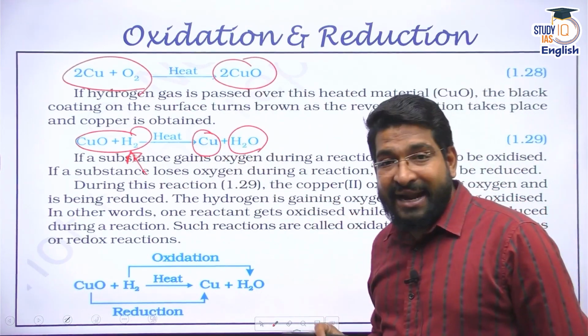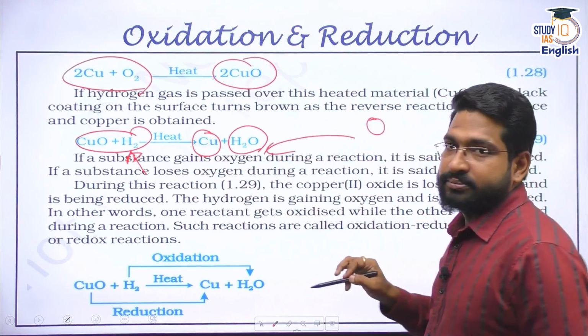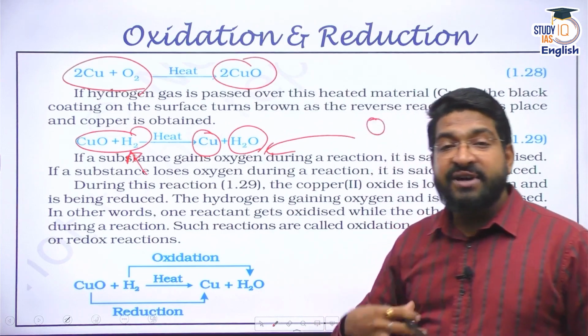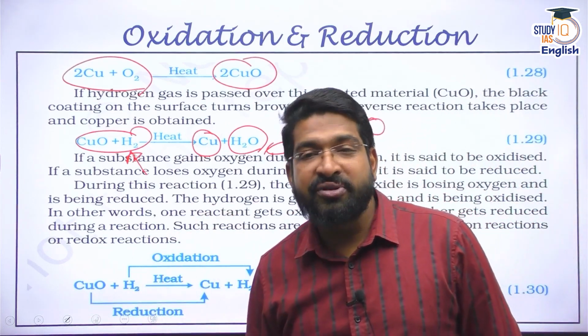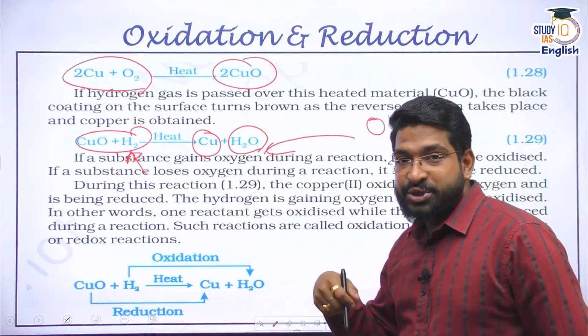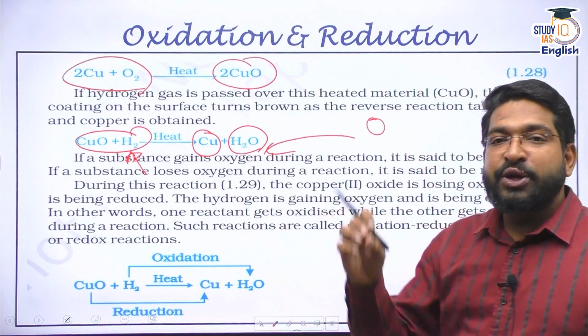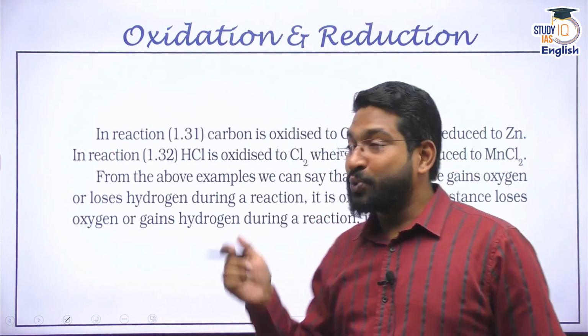So the understanding here is whenever a substance gains oxygen, it is called an oxidation reaction, and whenever a substance loses oxygen, it is called a reduction reaction. When I say gaining oxygen or losing oxygen, it can also be explained through a corollary of hydrogen. That is what is explained here.